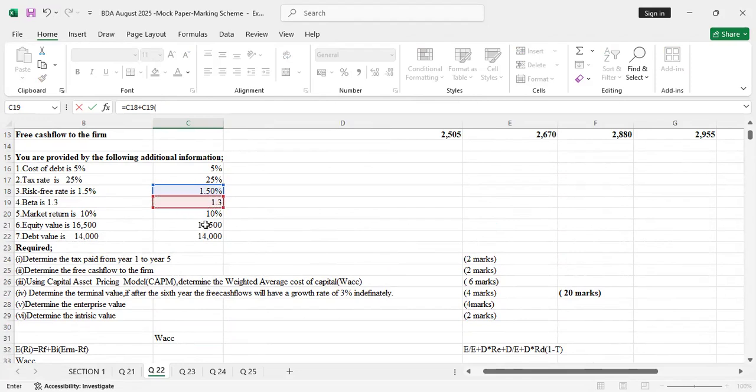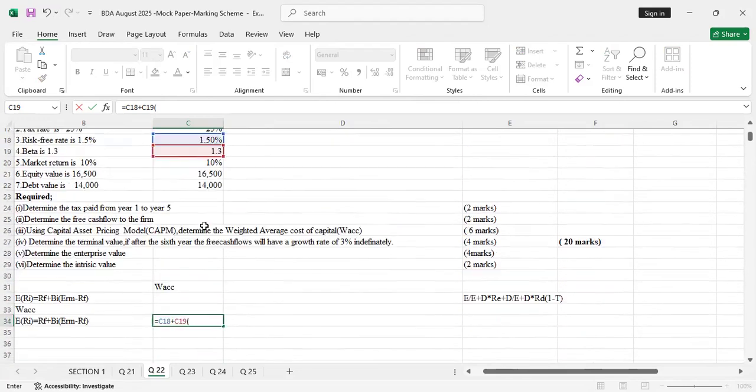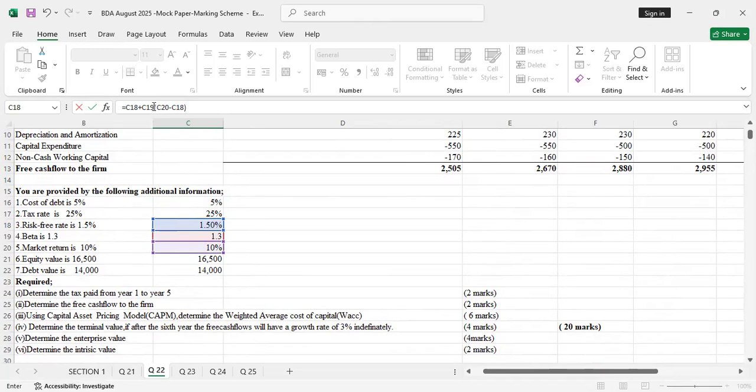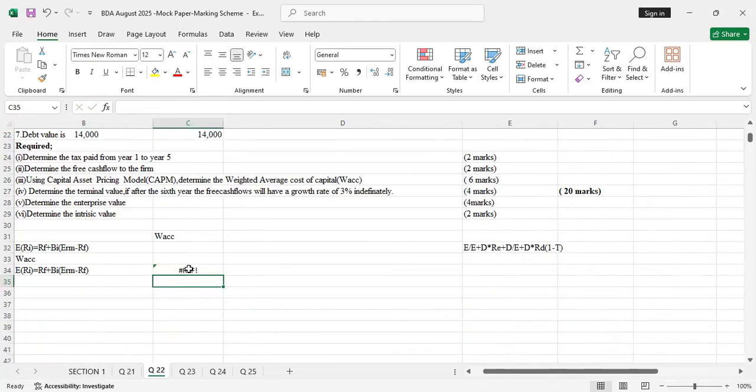Then you create a bracket. Return 10% minus the risk-free rate. So let me create another bracket here. Then you enter. Oh, why is it not behaving?